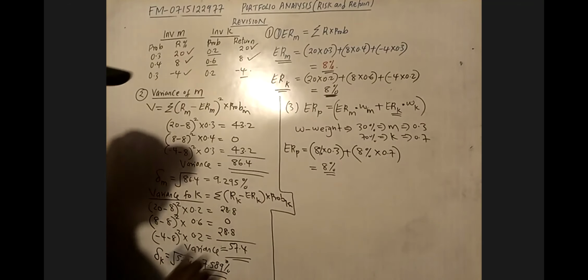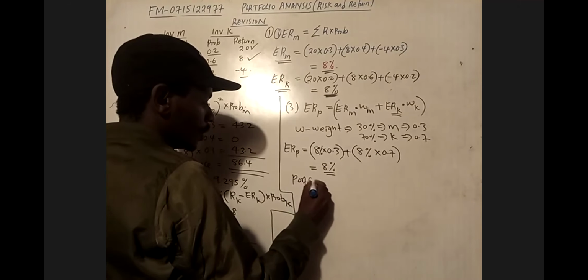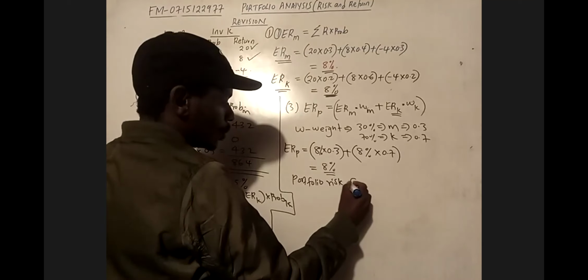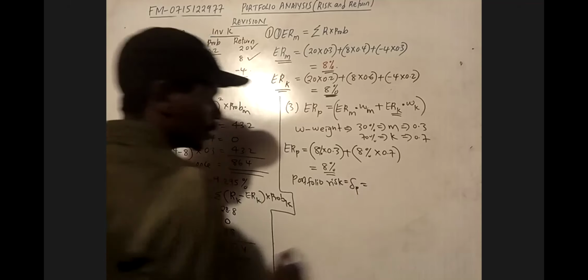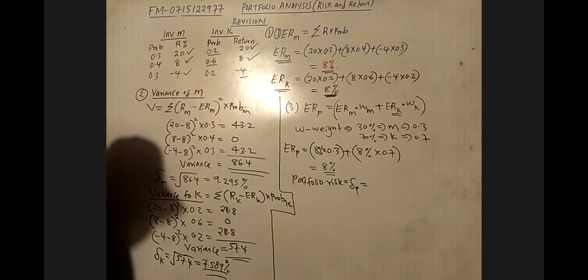Now you can also be asked to compute the portfolio risk. It has not been asked, but let me add it for you. Portfolio risk is denoted by the standard deviation of the portfolio. This is the formula.